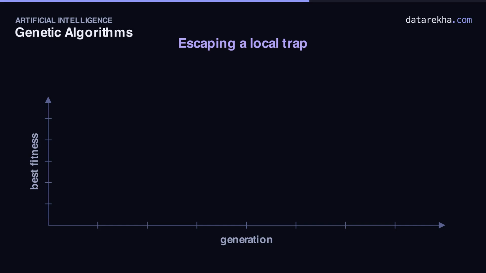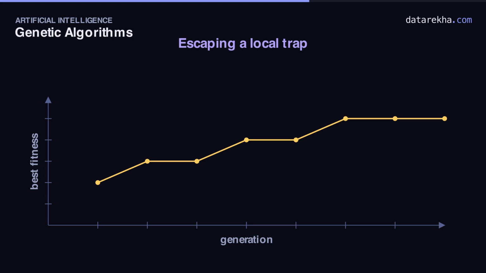And here is the reward, plotted. On the horizontal axis, the generation number. On the vertical, the best fitness anywhere in the population. This is the curve you actually watch when a genetic algorithm runs. It starts low. The random generation 0 is mediocre. But each round, selection keeps the good. Crossover recombines it. Mutation adds the occasional leap.